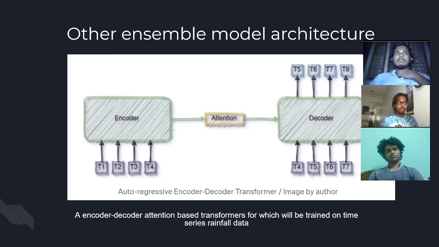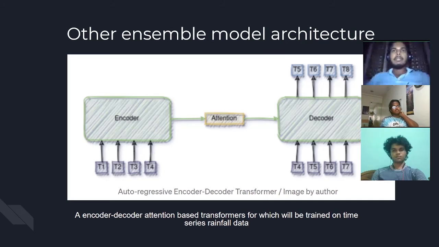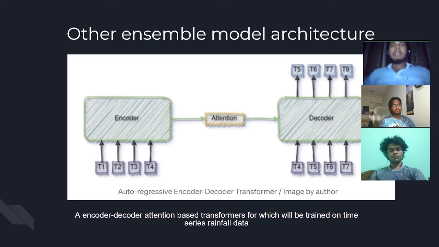Yeah. So these are the next models which will be there in the ensemble. The first one is an encoder-decoder attention-based transformer. This model will be trained on the time series rainfall data to predict what the future rainfall will be.